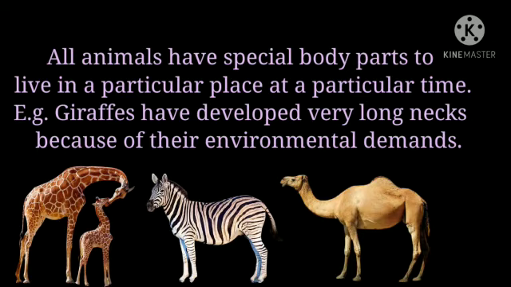The trees are very tall, so to take the leaves, their necks have become very long. So it is changing its body structure to the environment. So all the animals have special body parts to live in a particular place at a particular time. Example, giraffe.